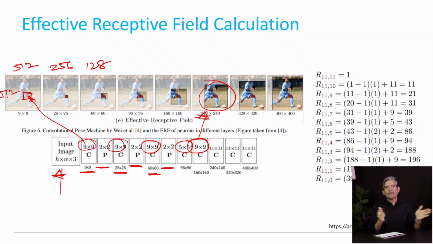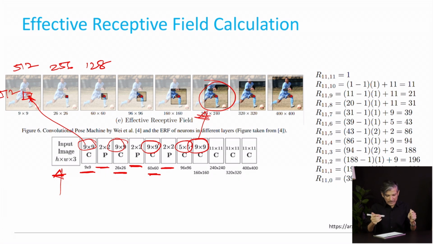And obviously, in the very first layer, when we directly apply this kernel onto the input image, the receptive field is only 9 cross 9, meaning the activation of a neuron will only change if you change that 9 cross 9 part of the image. It's only that 9 cross 9 part of the image that my kernel gets to see.